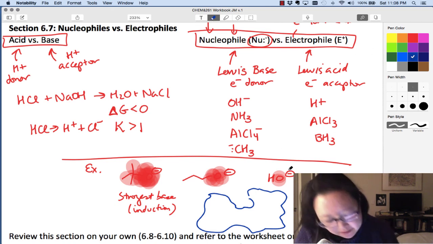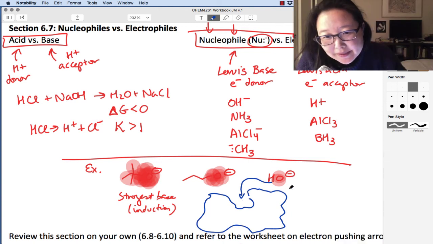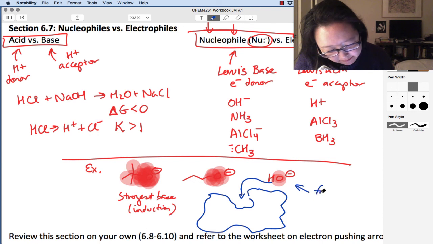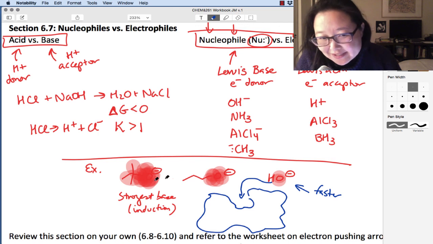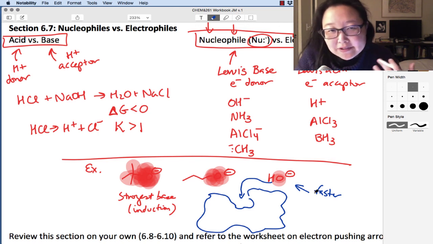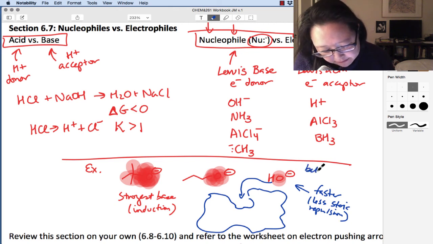Well, I think you know the hydroxide is going to be able to fit a lot faster and perhaps make a faster bond, because it doesn't have the repulsion from all these carbon groups affecting how well it can bind. So in that sense, hydroxide's going to be faster than the others, even though these might be more electron rich. So the size factor and steric repulsion lead us to say hydroxide is a better nucleophile, even though it is a weaker base.